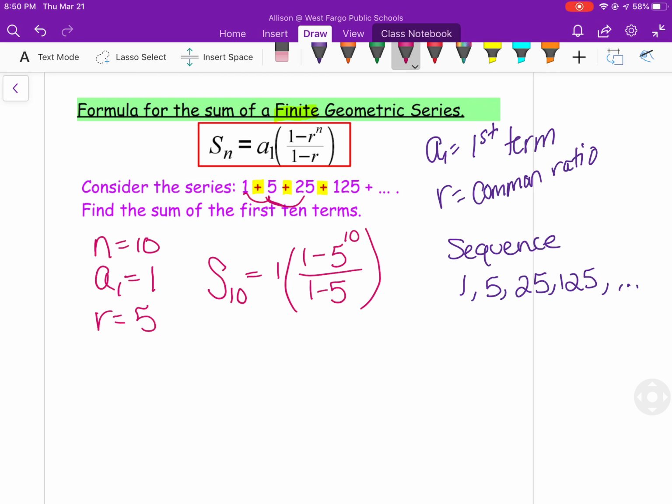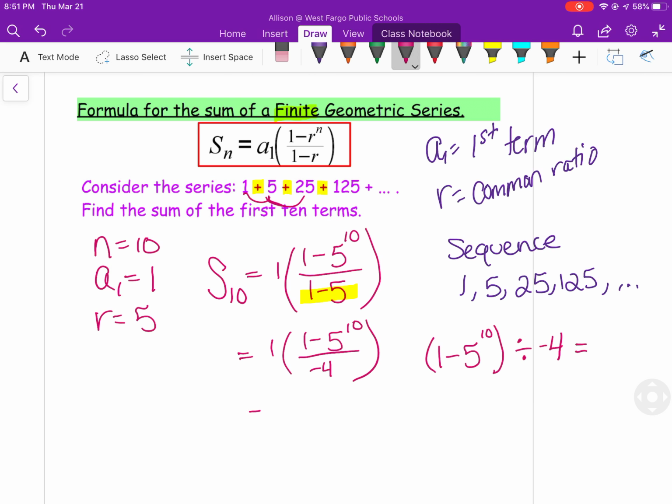Now we do have to follow our order of operations here and evaluate what's in the parentheses first. And I always evaluate the denominator here. So I simplified that, which is 1 minus 5 is negative 4. Then I'll evaluate what's on the inside and then multiply it by a sub 1. So I'll do the top first in my calculator: 1 minus 5 to the 10th power, in parentheses, then divide that by negative 4, hit equals, then multiply it by a sub 1.